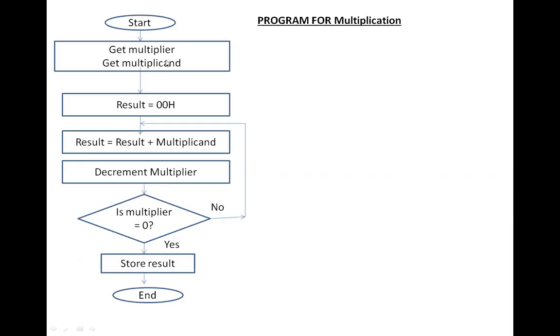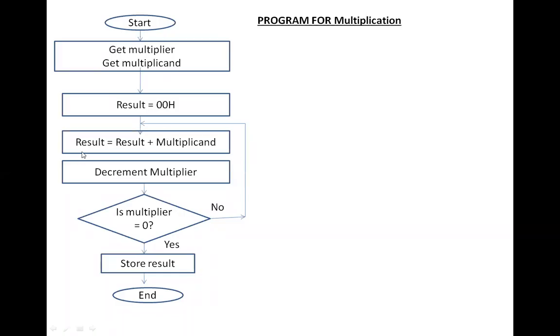But we do this process in a sequence. First, 6 is added with 0, so the result is 6. Then 6 is added with another 6, so the result is 12. Then 12 is added with 6, so the result is 18. And then 18 is added with 6 to get 24. This is the way we are going to multiply.